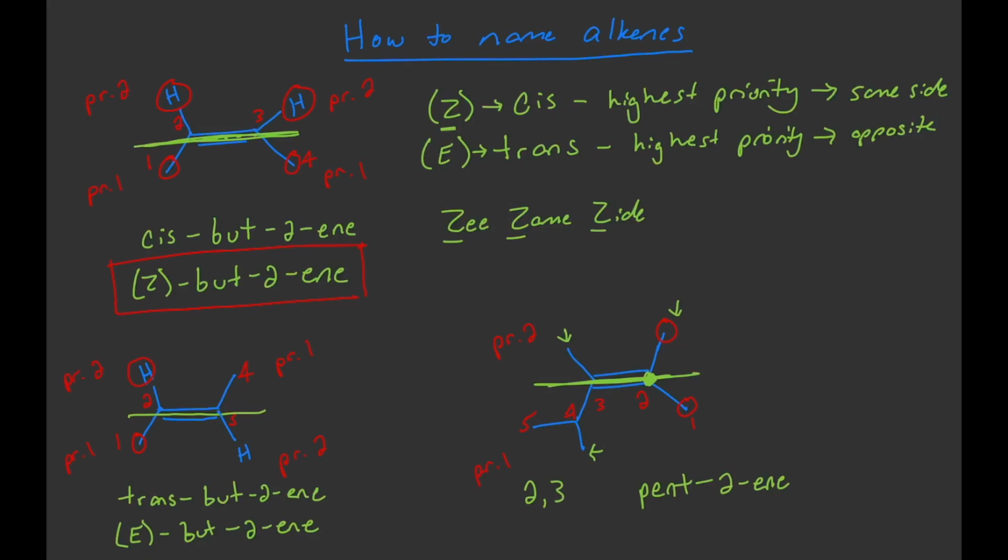So we have 3 methyl groups, 2, 3, and 4. So for naming our methyl groups, again, we have to state how many methyl groups we have at those positions. So we have trimethyl. So this compound name will be 2,3,4-trimethyl-pent-2-ene. Again, we do not have to use cis or trans or our EZ because groups here are exactly the same.